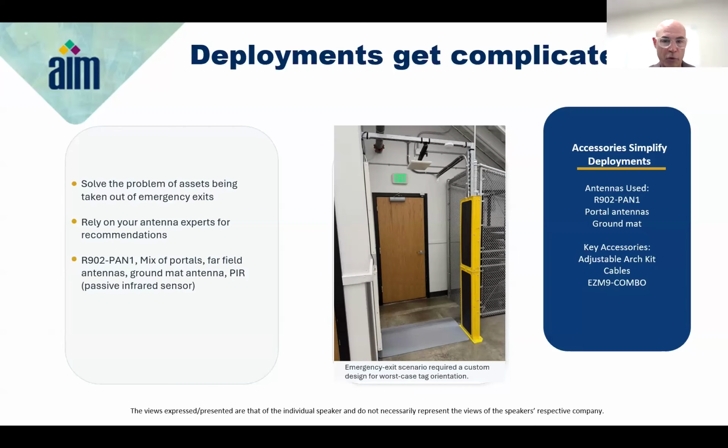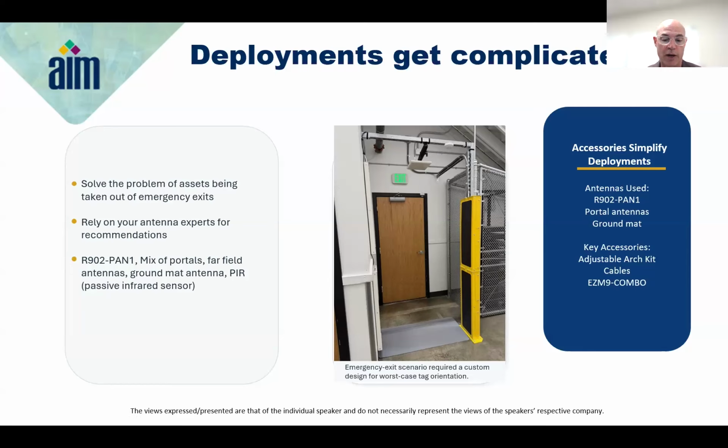By the way, before we move on from this slide, I want to point out that not only do we have heavy duty portals on the right, we have slim portals mounted against the wall. We've got an articulating bracket over the top with a far field antenna. If you look in the top right corner of that photo, that's a passive infrared sensor. That had to be custom made for this particular application because the far field antenna was reading into the warehouse, reading inventory that was tagged in the warehouse that was not walking out the door.